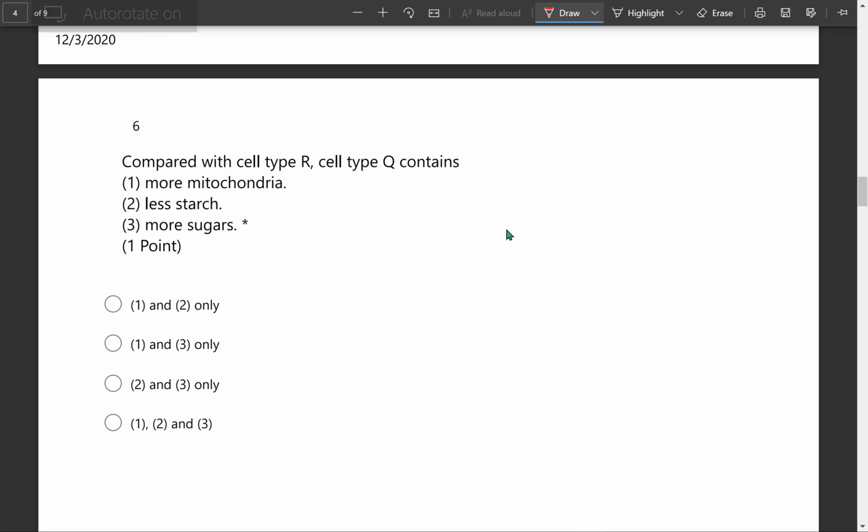Now, question 6: compared with cell type R, cell type Q contains 1, 2, 3. So more mitochondria, it's nothing special, I won't cover it, but less starch and more sugars. So this is some tricky point. Now starch, in this case, is a stable form for storage.